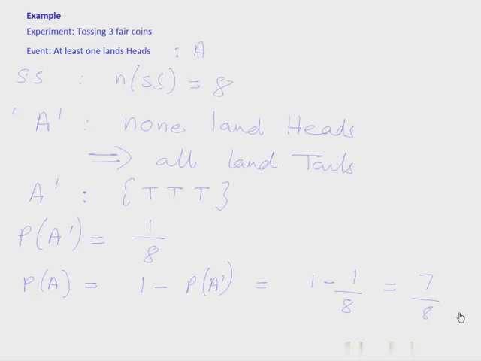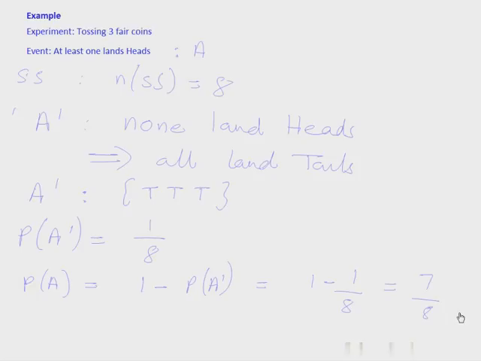This is a very powerful method of handling questions where the number of outcomes is too diverse. Suppose there were 75 coins and you had to do this. You would have to actually first find out, okay, the total number of outcomes is 2 raised to 75. And then how many of them have at least one heads? Imagine listing out all those 2 raised to 75 outcomes and picking all of them that have at least one heads. The complement is much simpler to express.